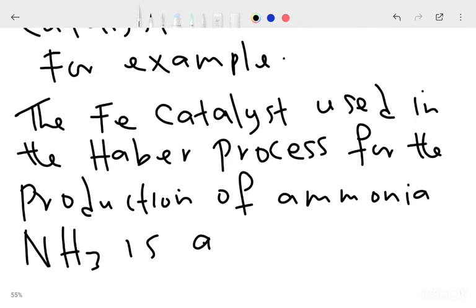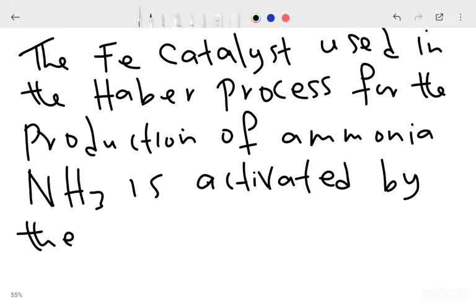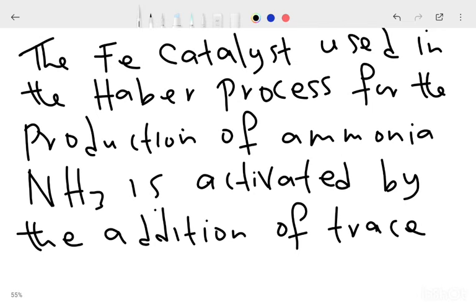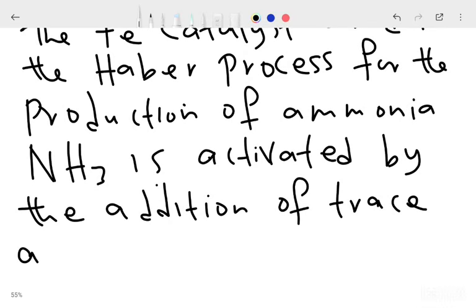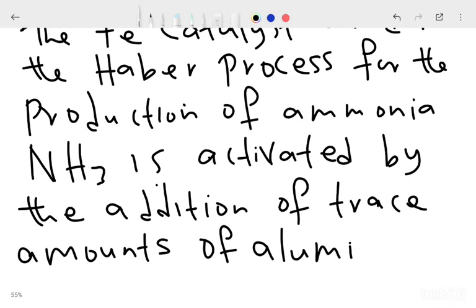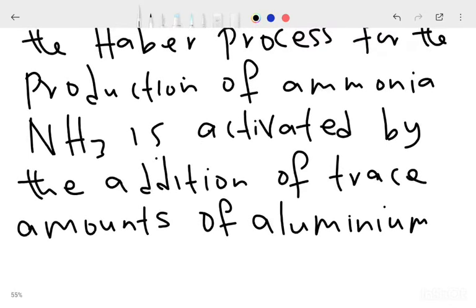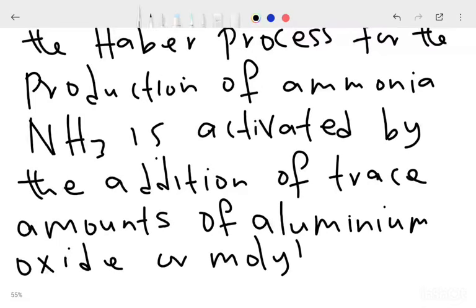is activated by the addition of trace amounts of aluminum oxide or molybdenum.